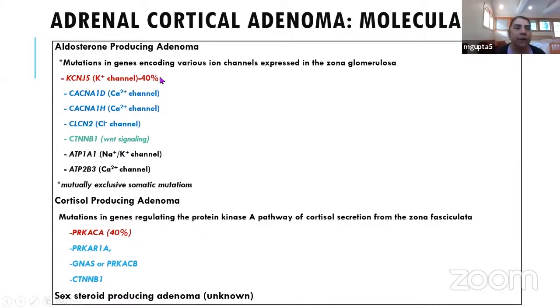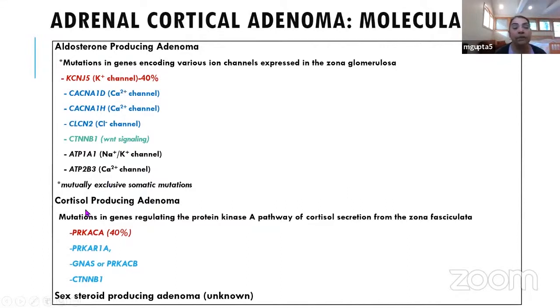And there is some correlation between the mutation and the patient's presentation, their age and clinical presentation. As one can see here, this kind of mutation is seen in aldosterone-producing adenomas, and it is also most commonly seen in younger females. Whereas the CTNNB1 mutations can be seen in the non-functional and aldosterone-producing as well as cortisol-producing adenomas, and these patients are older in age.